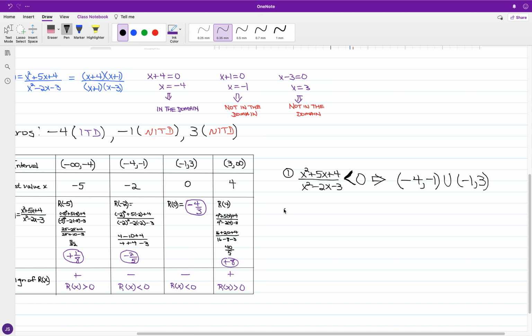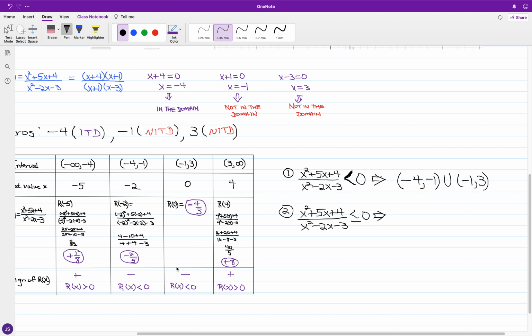Okay, now, in the case where we have the rational expression to be less than or equal to 0, okay, so you have less than or equal to 0.